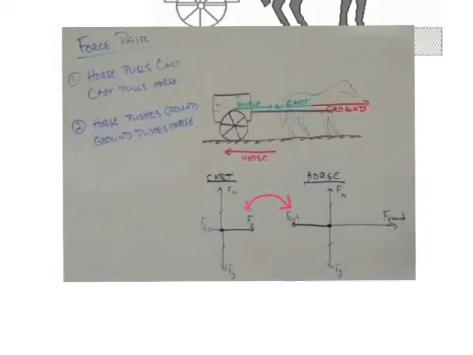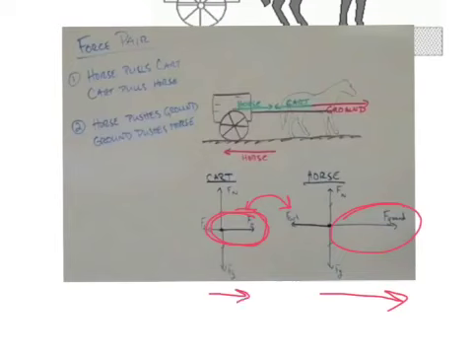But what we end up with is, because of this force from the ground, an acceleration to the right by the horse. This force here of the horse on the cart gives the cart the acceleration over here. These are an action-reaction pair, okay?